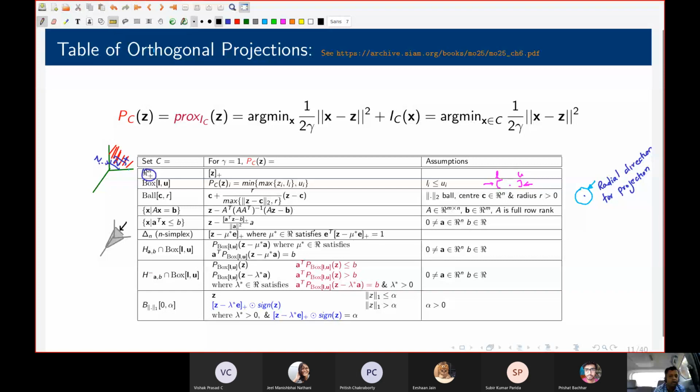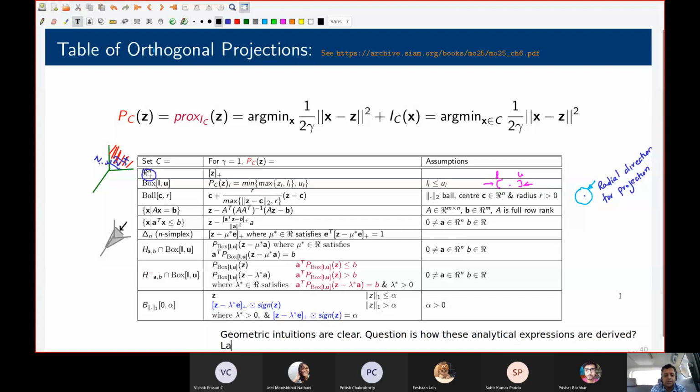Geometrically they are very intuitive. The question is how do you derive it? How are these specific expressions brought about? Geometric intuitions are clear. The question is how these analytical expressions are derived, right? And that's where again we're going to look at the Lagrange functions.